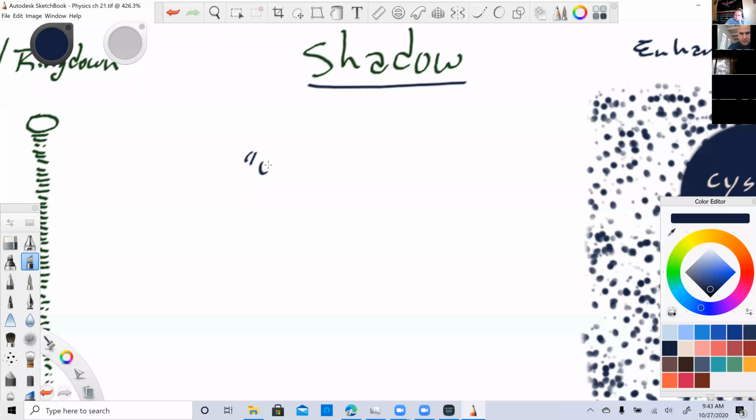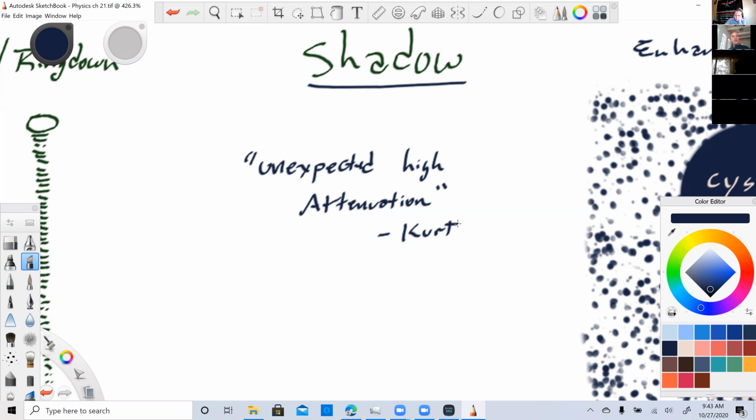quote, unexpected high attenuation. Here we can get that quote from the book of Kurt. All right. So unexpected high attenuation. There's two different things that can do that. One is increased absorption.